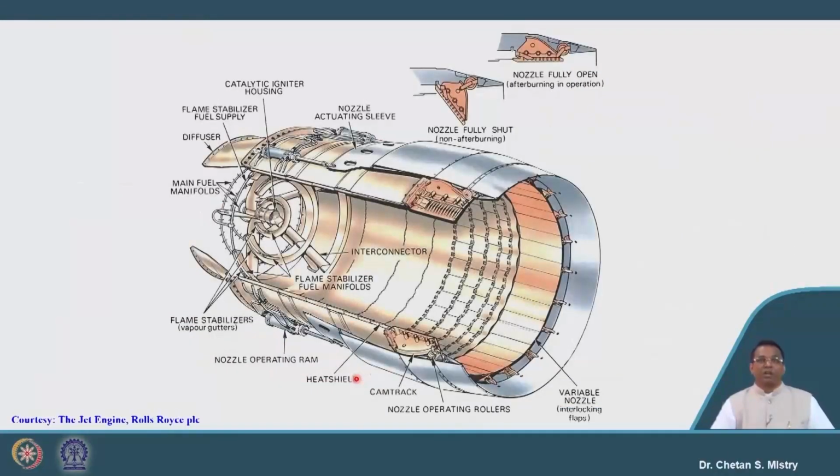Now let us look at how the construction is. So this is the indicator of say afterburner. Here in this case, the flow which is coming out from the turbine will be having higher velocity. The exhaust velocity coming out from the turbine will be in the range of 200 to 400 meter per second.